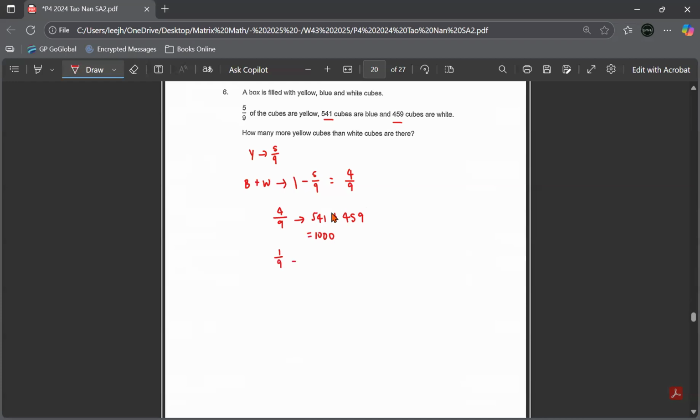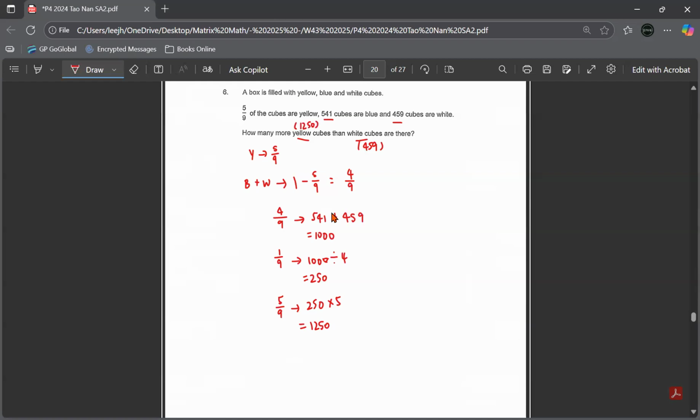Look for 1 over 9. 1,000 divided by 4, 250. So I want to know how many more yellow than white. White we already know got 459. But I want yellow. Yellow is a fraction of 5 over 9. So I find 5 over 9, 250 times 5, 1250. So yellow got 1250.